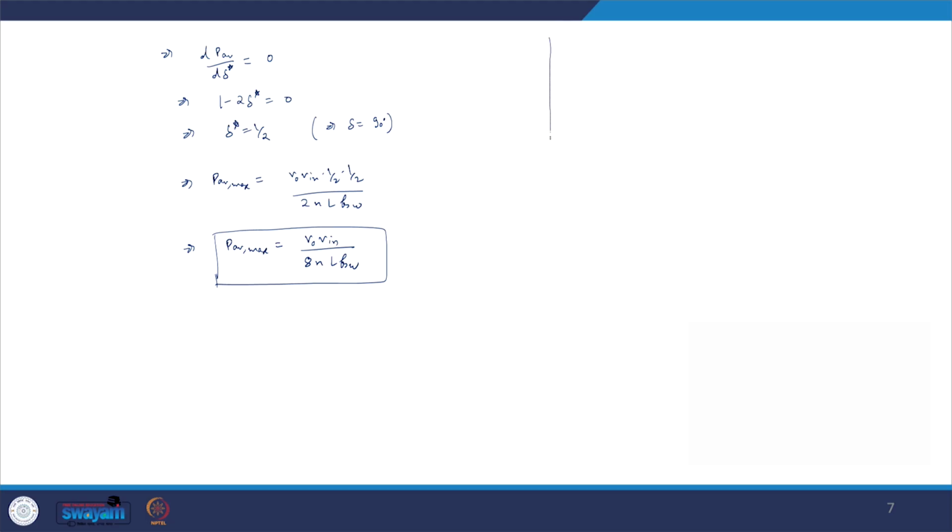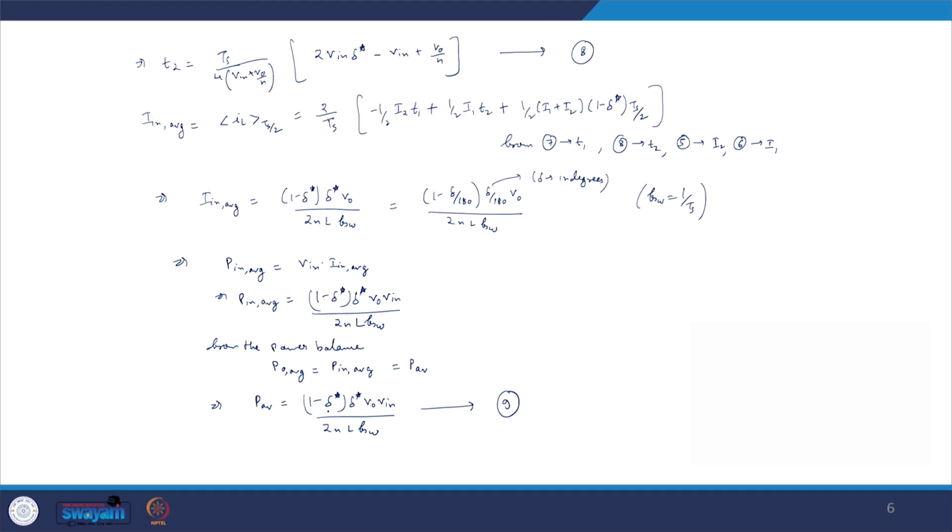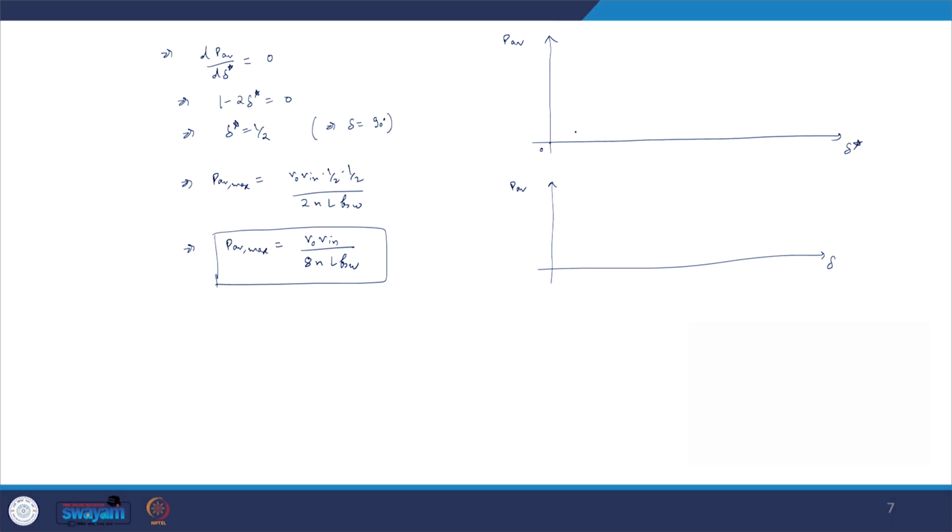We will now see how the average power varies with delta star, and we can also write in parallel how the average power varies with delta. This expression becomes 0 whenever delta star becomes 1, and it also becomes 0 whenever delta star is equal to 0. So we can define the two points 0 and 1, and we know that the maximum value of power is reached at the half point.